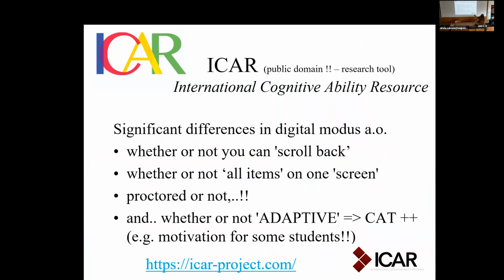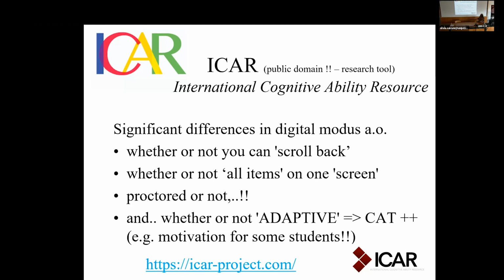I said it was very important whether or not you can scroll back, whether or not all items are on one screen, whether it is proctored or not, and even adaptive or not. If you give a test that is too long on a screen, people start sleeping, and attention gets away.